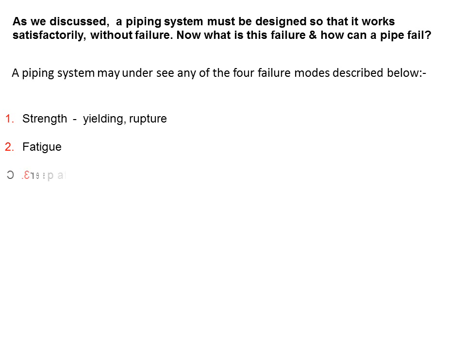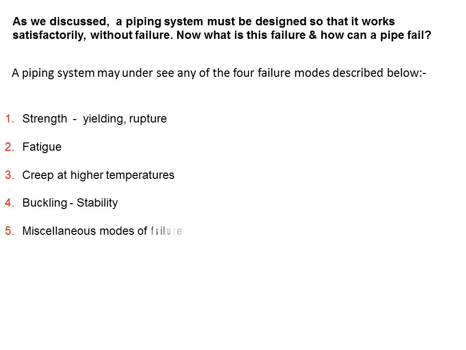Piping may fail in fatigue. It may fail in creep at a high temperature, or by buckling, which is called stability failure. And there are other miscellaneous modes of failure, like corrosion, erosion, and excessive sagging. So these are the failure modes in which a piping system will fail.